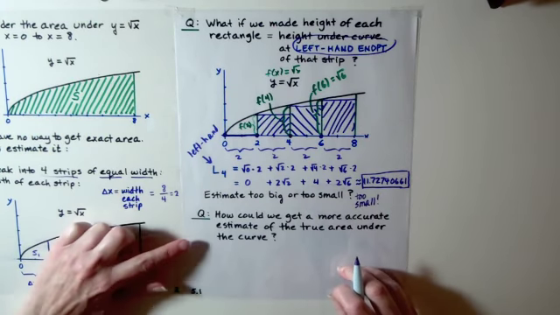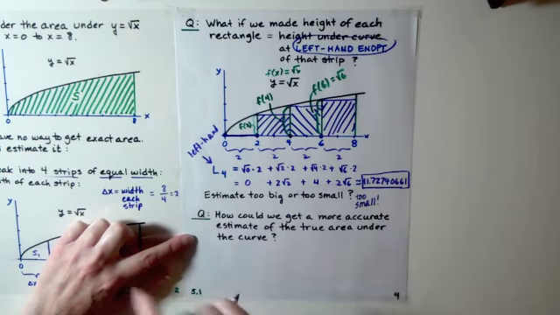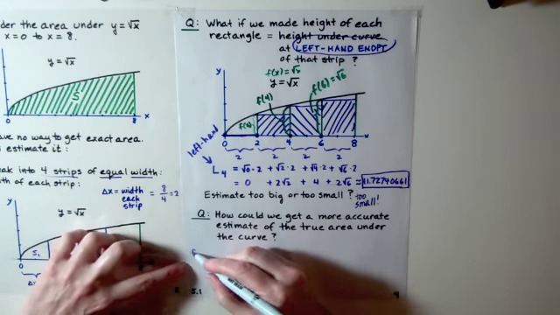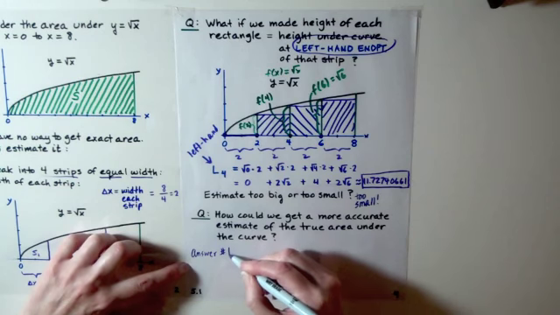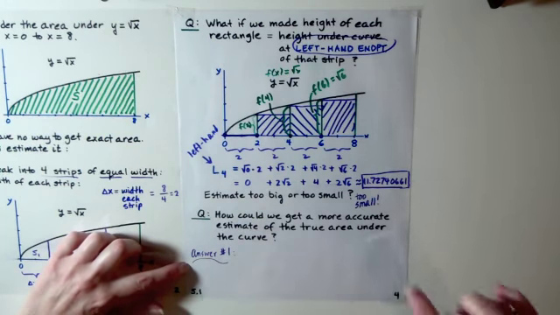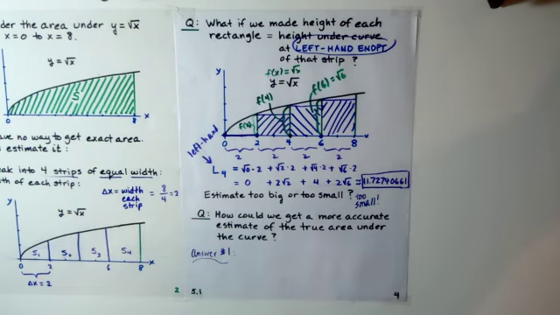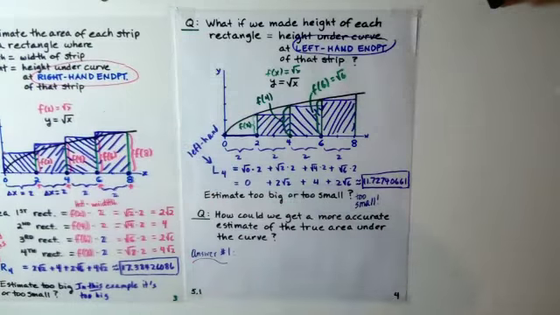Well, a question we might want to ask is, how could we get a more accurate estimate of this true green area underneath the curve? And there's more than one answer to this. One thing you might think of immediately, I'll call it answer number 1, is that we could take this estimate that was too small and add it onto our estimate that we knew was too large from using the right-hand endpoints for the heights of our rectangles.